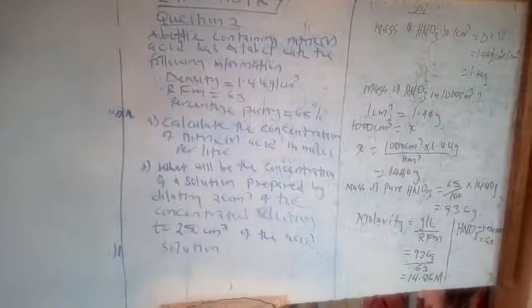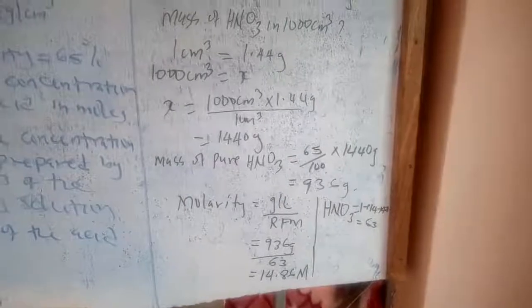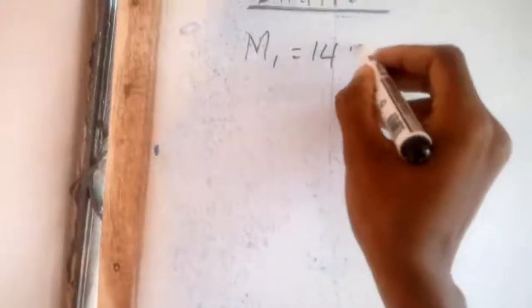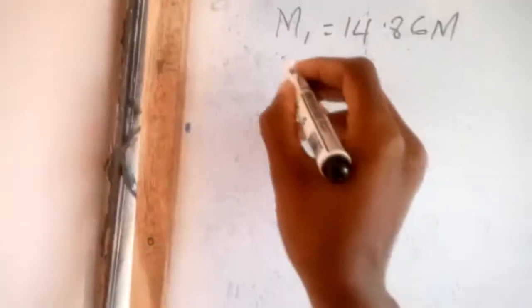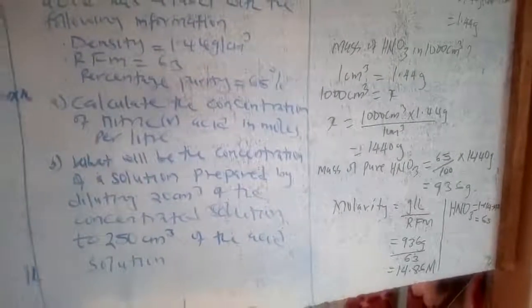The concentration of the concentrated acid, we have calculated and found to be 14.86, and therefore the molarity of that acid, M1, should be 14.86 capital M, and volume 1 of that acid, which is supposed to be diluted as per the question, is 20 cubic centimeters of the concentrated solution.